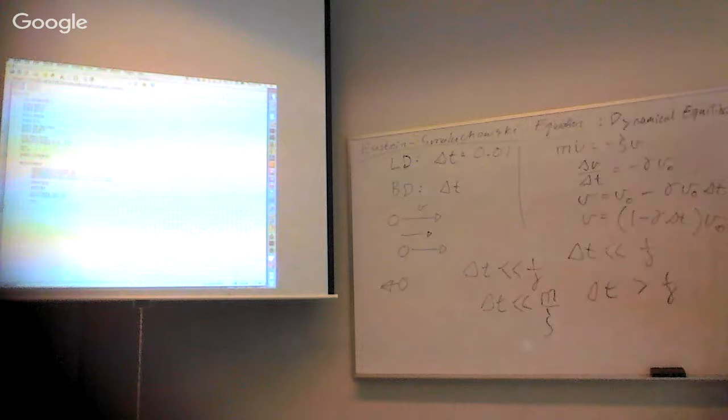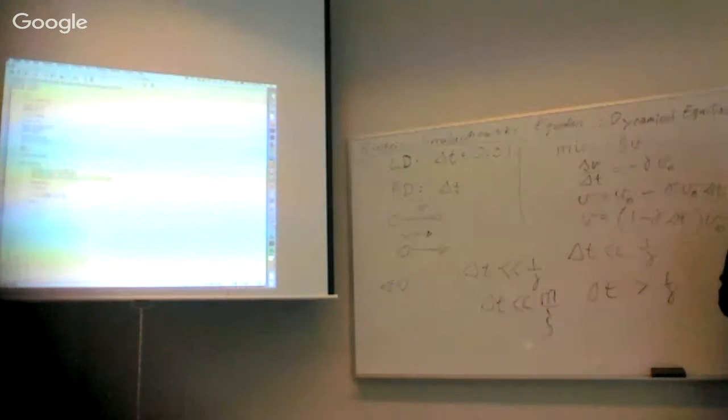Collision frequency. So 1 over the collision frequency is the time between collisions, so you can also call this the relaxation time. If your time step is bigger than the time between collisions, you're going to have problems. Brownian dynamics does not have this limitation.